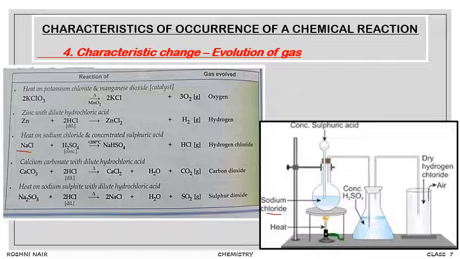When it is added to concentrated sulfuric acid, this concentrated sulfuric acid is added so that the product will be dried, and later on we will get dry hydrogen chloride. That gas is evolved. So here, it will be dried.